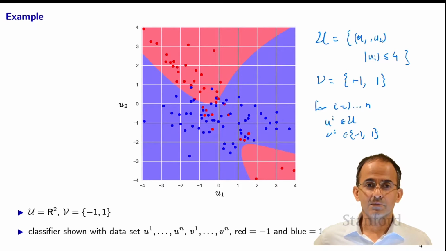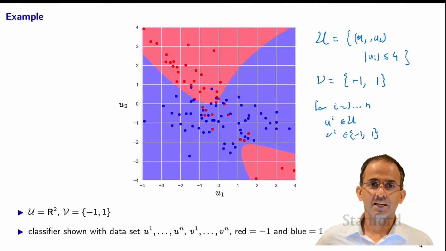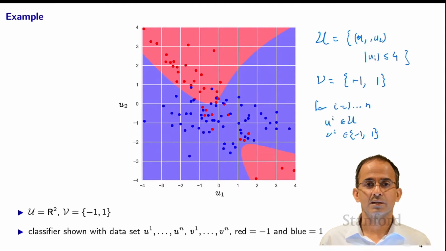And we denoted that in this picture by shading the square. Some of it is shaded pink. Those points are points for which we predict an outcome which is -1. And some points are shaded blue where we predict an outcome of 1.